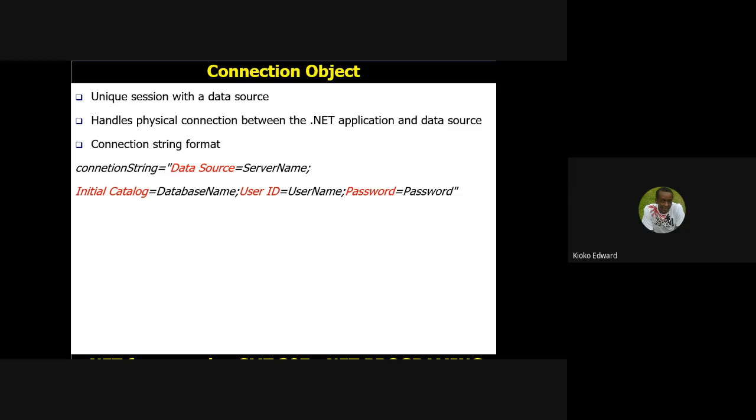The initial catalog will be used to define the name of the database. So in the connection string, number 1, we define the data source that will contain the server name, and the initial catalog will define the name of the database you are connecting.